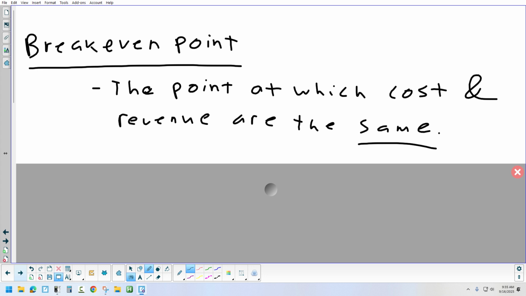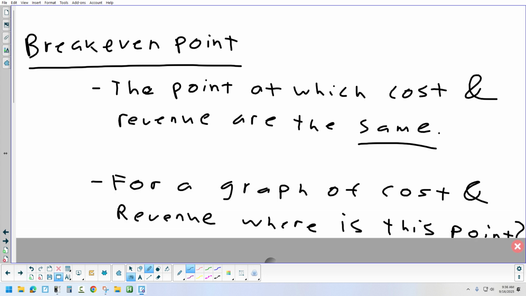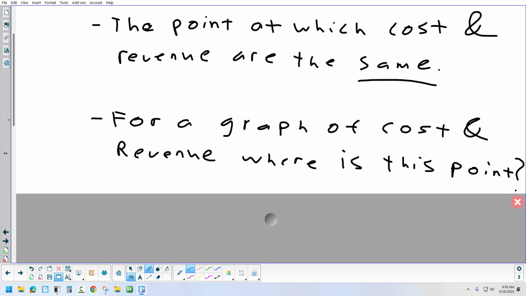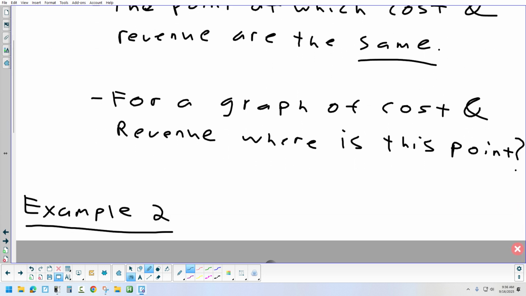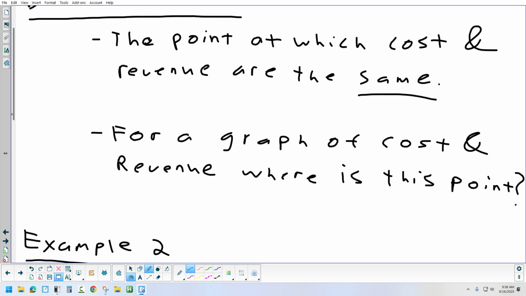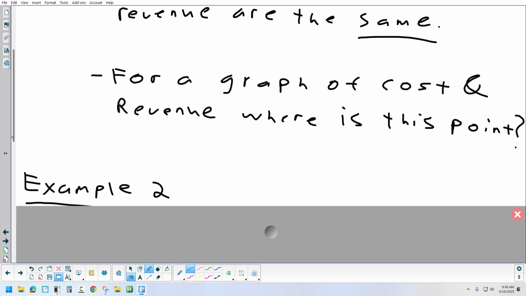Zero, right? You haven't made any money. You haven't lost any money. Okay, you break even. So that's when the cost and the revenue are the same. So we just answered that. For a graph of cost and revenue, that point is the intersection. So it's the intersection point.